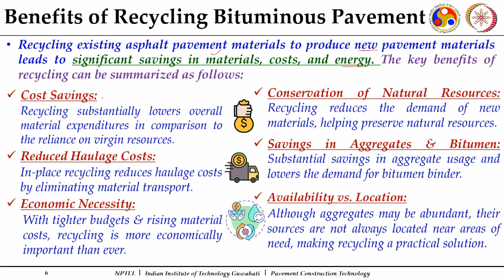So, the key benefit from recycling is cost savings. This is important. Recycling substantially lowers overall material expenditures in comparison to the reliance on virgin sources. As I said, we can use a good percentage of the existing material in the construction of bituminous layers, so we save a lot of money in terms of virgin aggregates and binder.